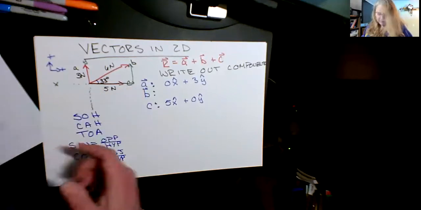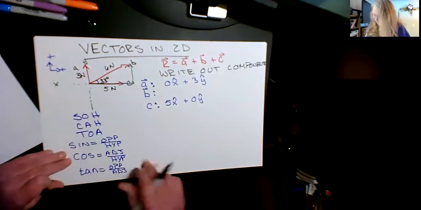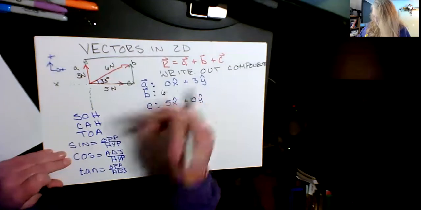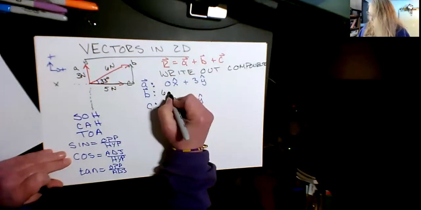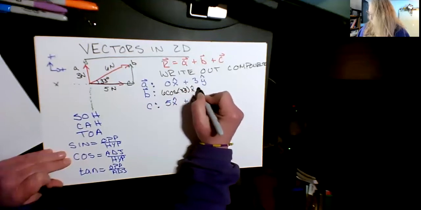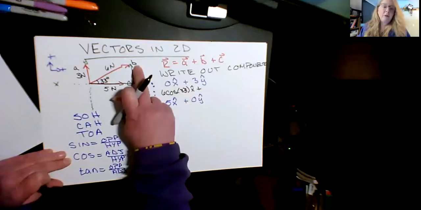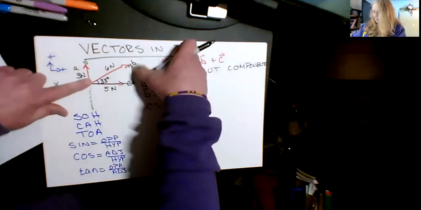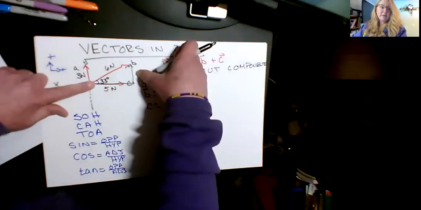So then this one would become, let's see, I would have a hypotenuse, which is 6 times cosine of 33 in the x hat, plus, because that vector is going up, so it's positive. Now this is the opposite side. This side is opposite of that 33 degrees.